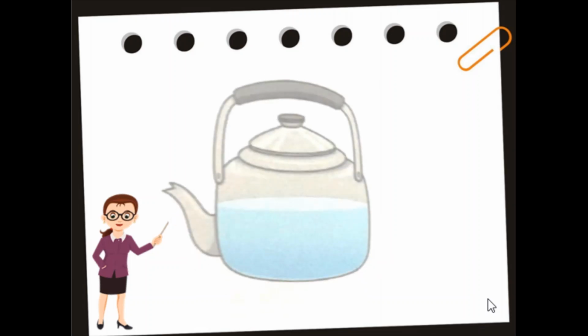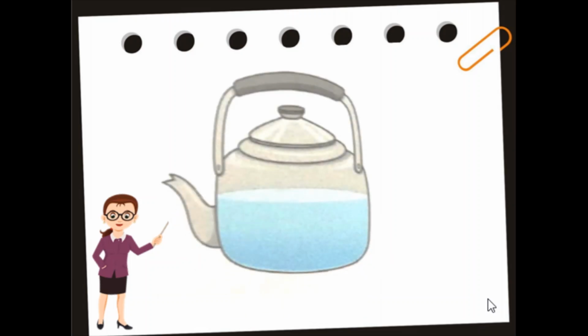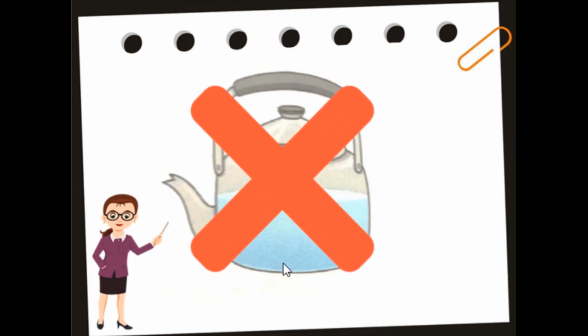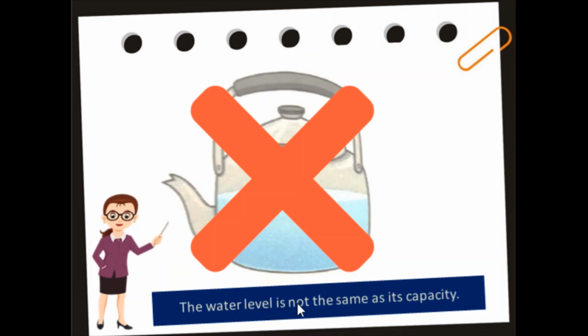How about this one? The teapot. The teapot's brim is over here, but the water is here. Is it the same? Yes or no? No, it's not the same. The water level is not the same as its capacity.